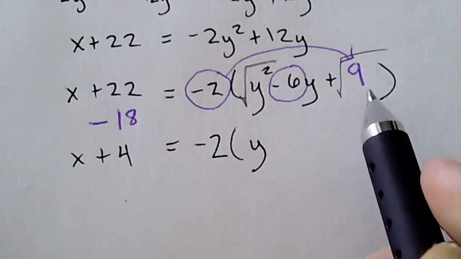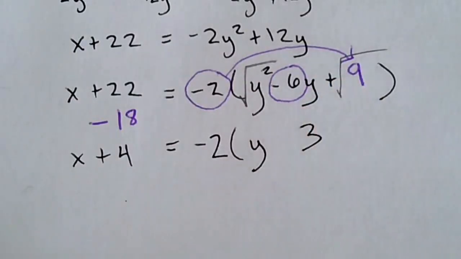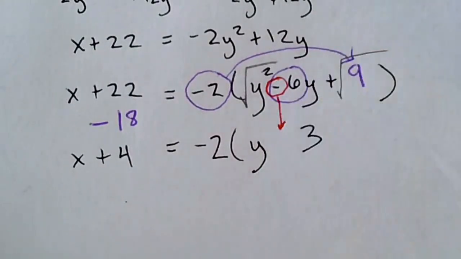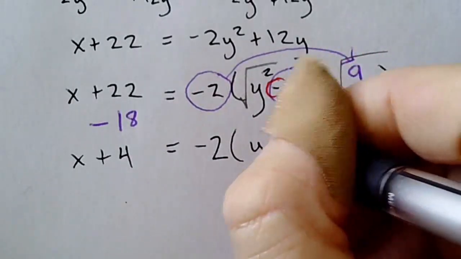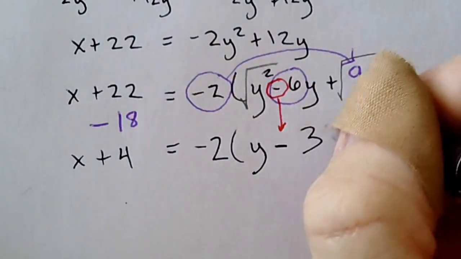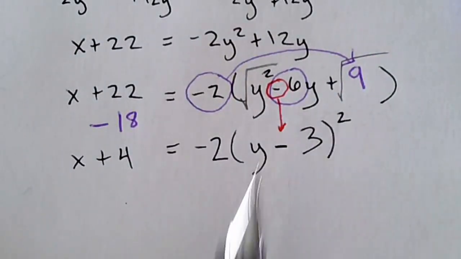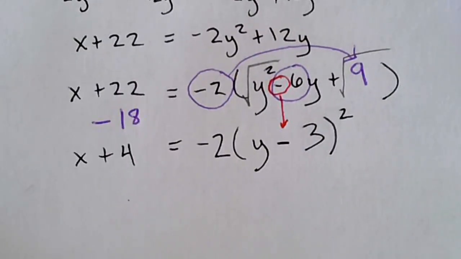What's that? 3 goes here. And then you take the first sign and put that in between these two numbers, which is a negative sign. And then that's what gets squared. So that's how you factor that. You should just know how to do that. You see the pattern over and over, and you're like, oh, okay, I get that now.